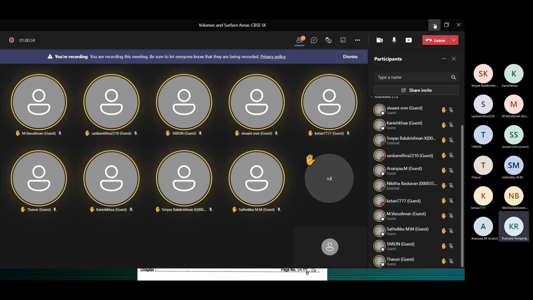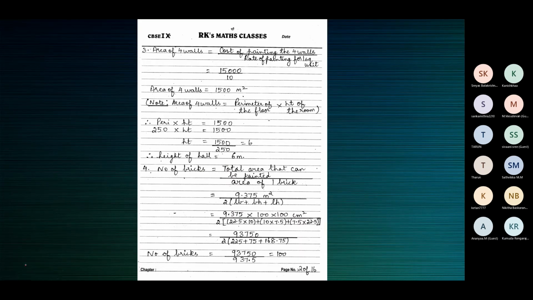All right, children. So 6 meters by 4 meters. Area 24 meters square.